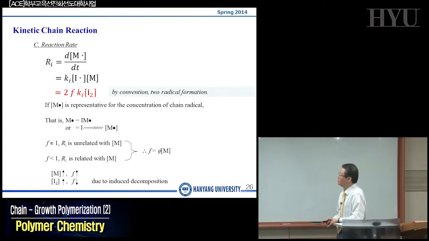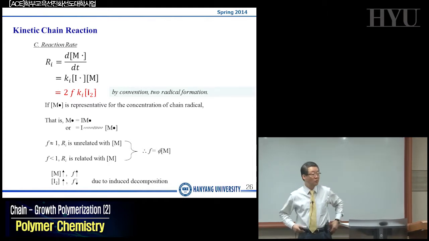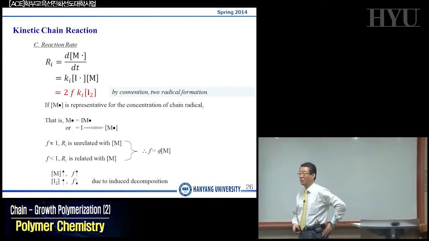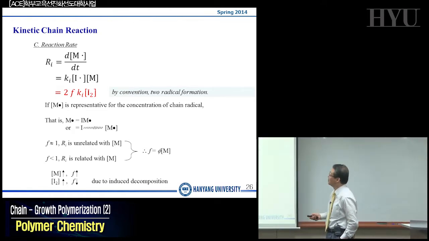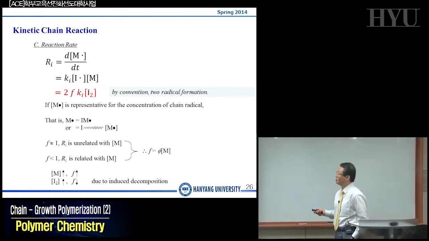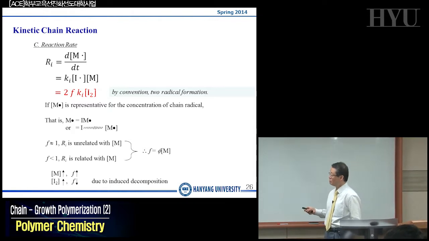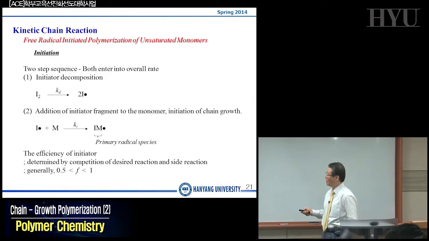Okay, so let's go back to the initiation. Now, if you remember the initiation, Ri is equal to Ki times I dot and M. Okay? Now, why? We have our I dot and M in the reactants with the Ki.